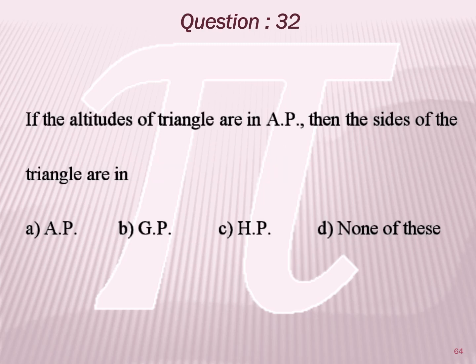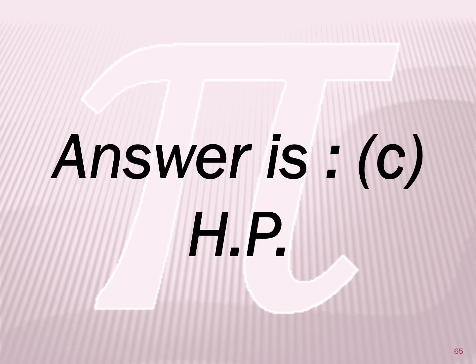If the altitudes of a triangle are in AP, then the sides of the triangle are in option A AP, option B GP, option C HP, option D none of these. And option C, that is HP.